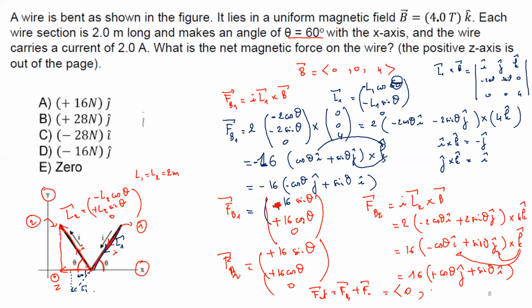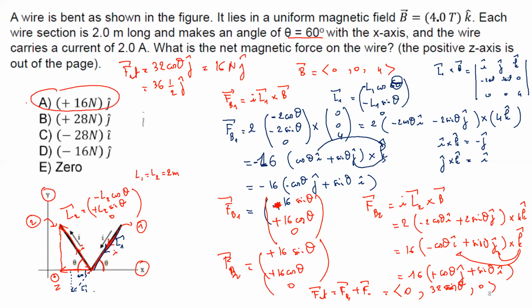Along y, I will just have 32 cosine theta, and along z, I have 0. So the net force, F net, as I knew, is just 32 cosine theta J hat. Since theta is 60 degrees, cosine theta is 1/2, so this gives me just 16 Newtons along J hat.